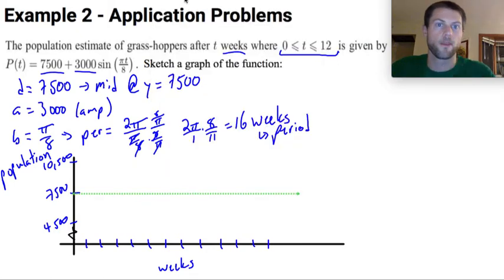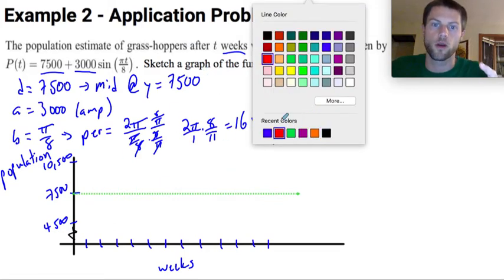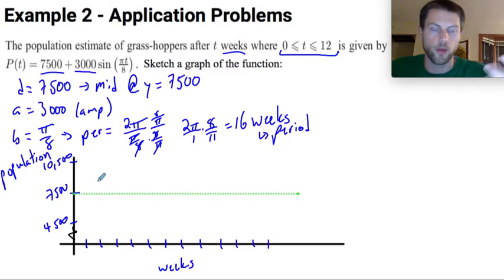Perfect. Okay. Now, before I can just start going, I do know one thing about what points I could plot. I know that I'm going to start at the midline at the first week. But then there's a question of, where is the next point? I know I'm going up. Is it after 1 week? Is it after 2 weeks? So what I need to do is take a look at this period and find my key interval.